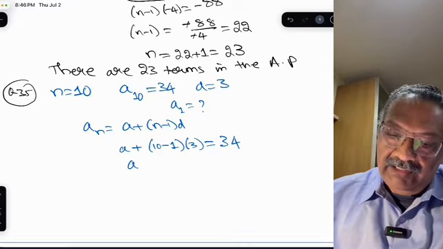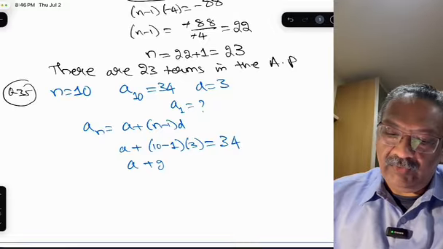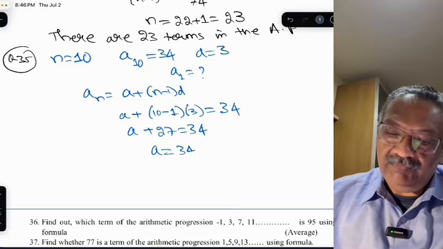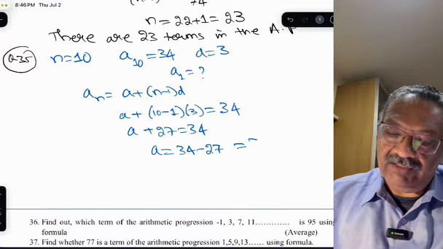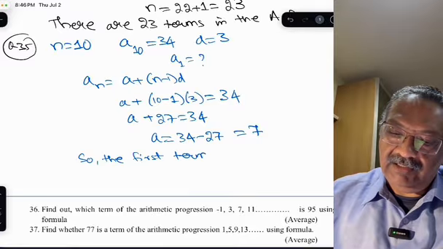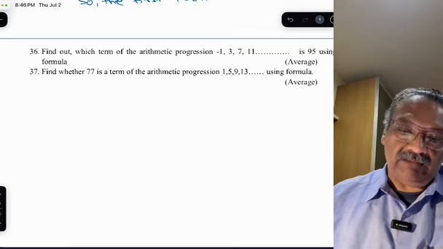So, a plus 10 minus 1 is 9, 9 3s are 27, is equal to 34. So, a is equal to 34 minus 27, which is equal to 7. So, the first term is 7.